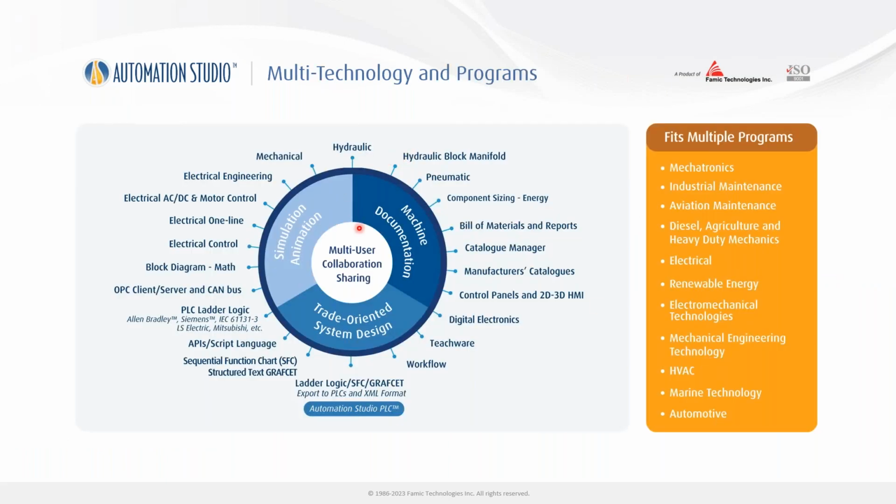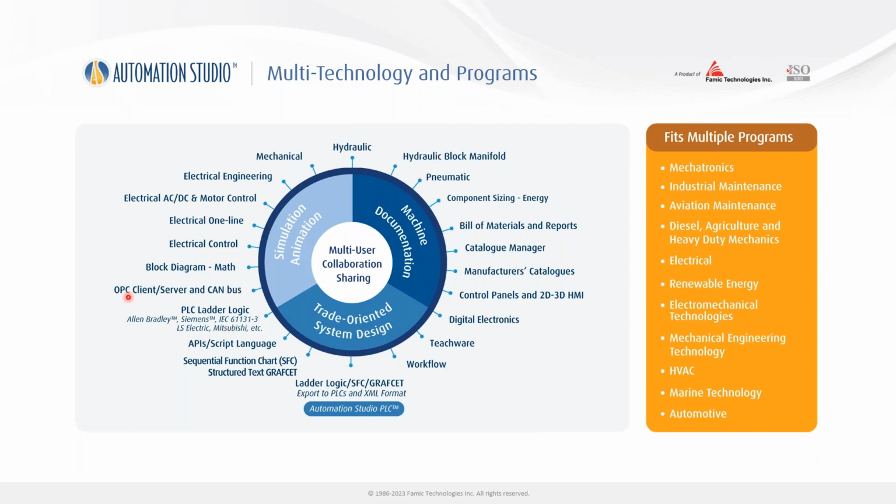Automation Studio is a multi-user collaboration sharing software which deals in the field of simulation, animation, trade-oriented system design, and machine documentation. You can create your circuits on hydraulic, pneumatic, and electrical circuits, like one-line electrical control and AC/DC motor control.